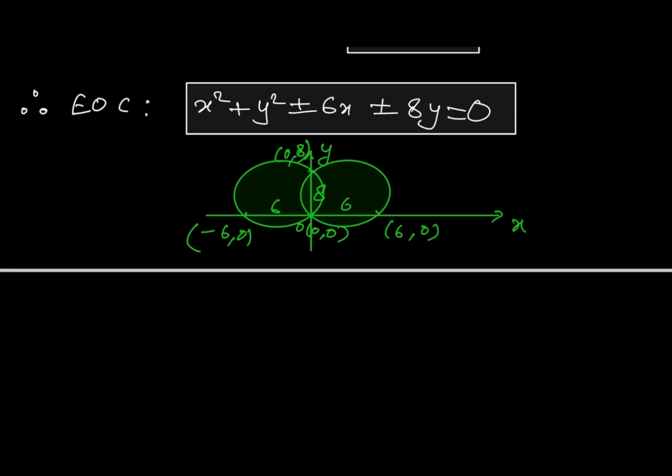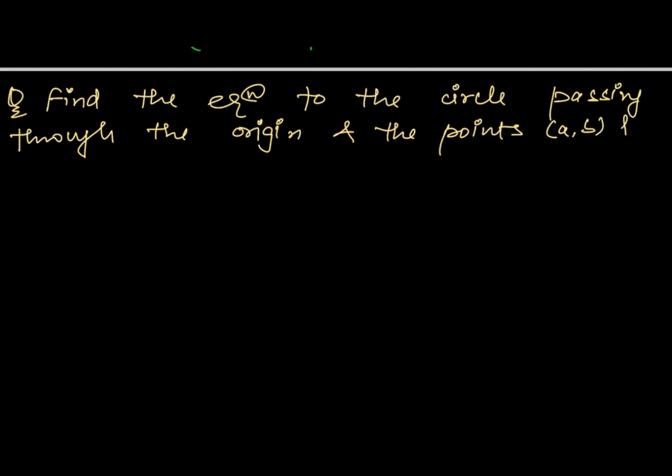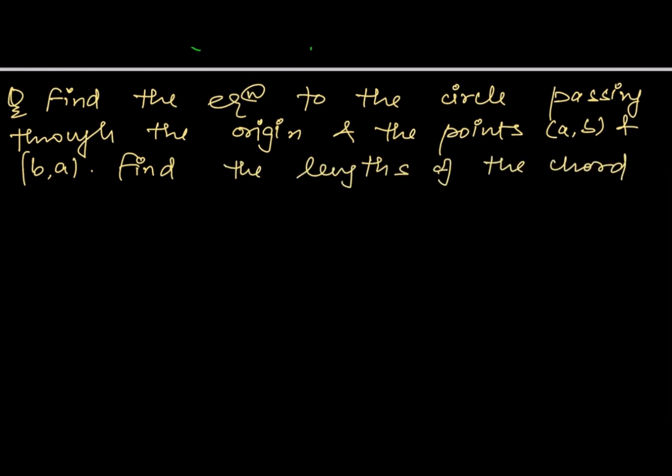Now let us take one more question. Find the equation of the circle passing through the origin and the points (a, b) and (b, a). Also find the lengths of the chords that it cuts off from the axes.